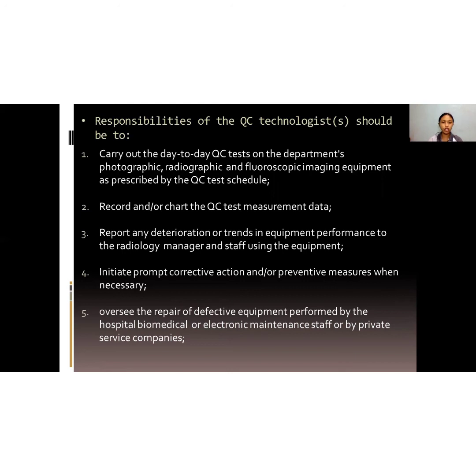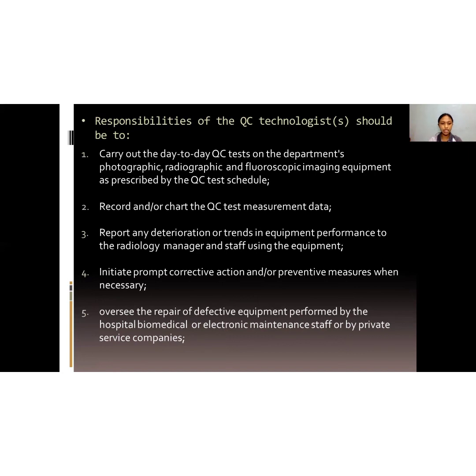Second, the technologist should record and/or chart the quality control test measurement data. Third, the technologist should report any deterioration or trends in equipment performance to the radiology manager and staff using the equipment. Fourth, the technologist should initiate prompt corrective action and/or preventive measures when necessary.